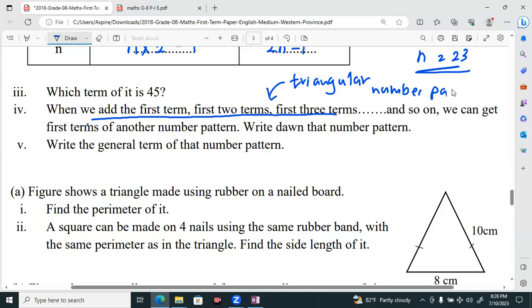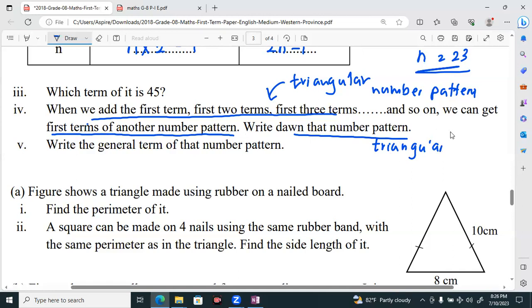But actually in the question it is not clear which number pattern to mention. Two number patterns are mentioned here, right? They have not clearly stated which number pattern to write. So you can write triangular number pattern. Write down that number pattern.